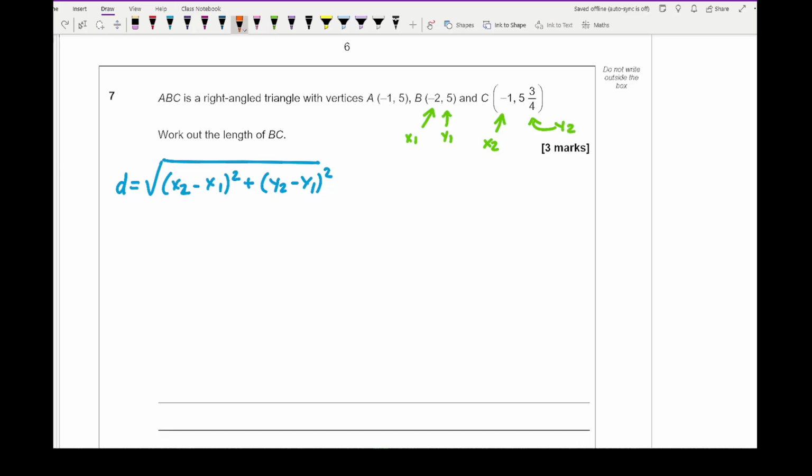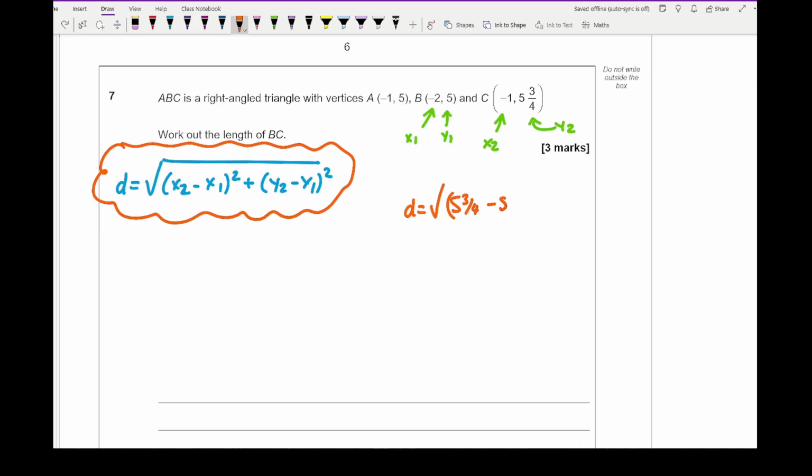So substitute those numbers into this formula, then what we end up with is D equals the square root of (5 3/4 minus 5) squared minus (-1 minus -2) squared.